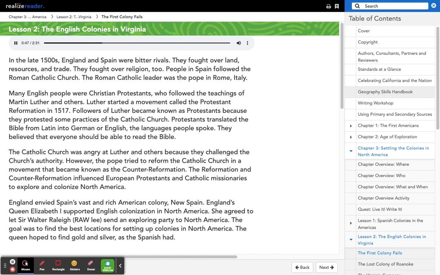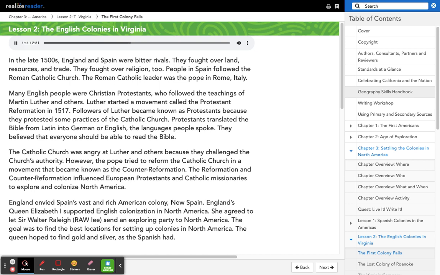The Catholic Church was angry at Luther and others because they challenged the Church's authority. However, the Pope tried to reform the Catholic Church in a movement that became known as the Counter-Reformation. The Reformation and Counter-Reformation influenced European Protestants and Catholic missionaries to explore and colonize North America.